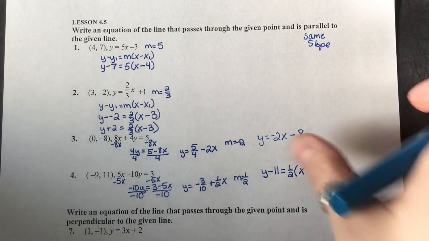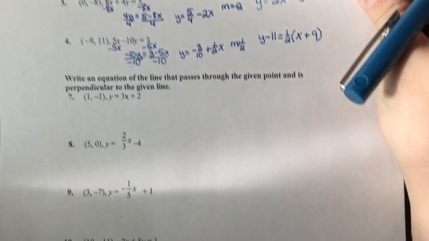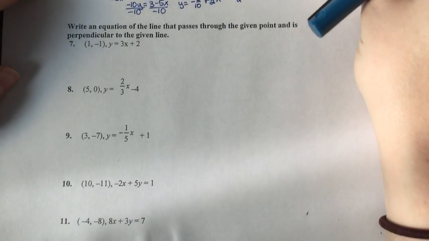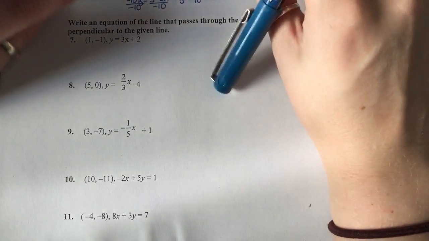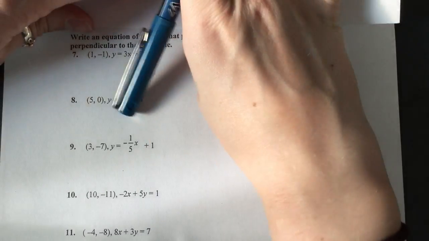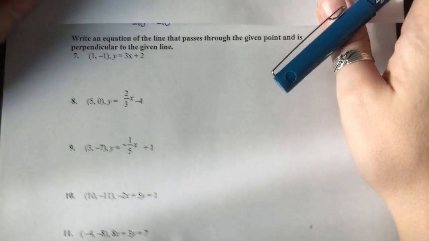Okay, so we want to write an equation of a line that passes through the given point and is perpendicular. Okay, perpendicular lines do not have the same slope.